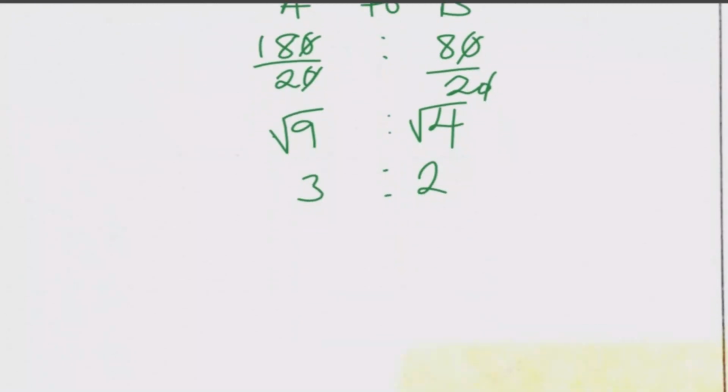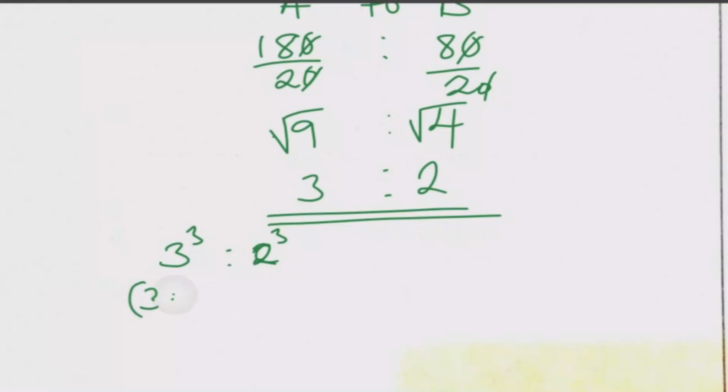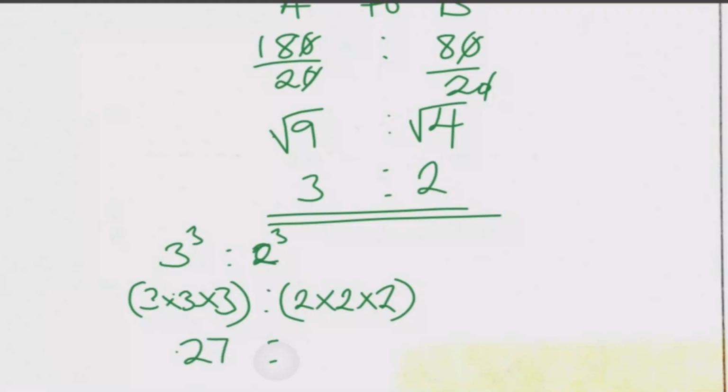So for me to find the volume ratio, I'm going to take the same ratio, 3 to 2, and raise them to the power of 3. 3 raised to the power of 3 is 3 times 3 times 3, and 2 raised to the power of 3 is 2 times 2 times 2. 3 times 3 times 3 gives us 27, and 2 times 2 times 2 gives us 8. So this is the ratio of the volumes.